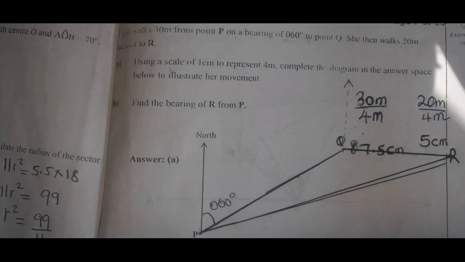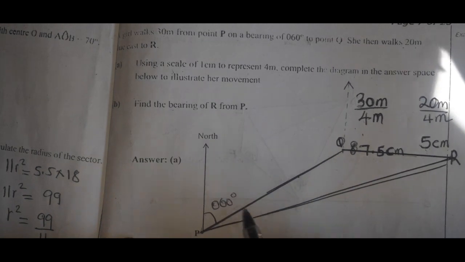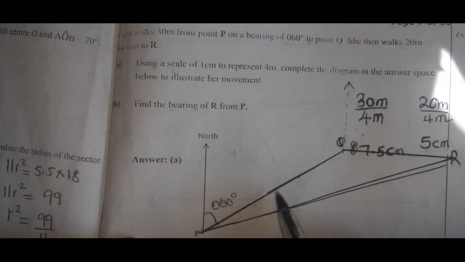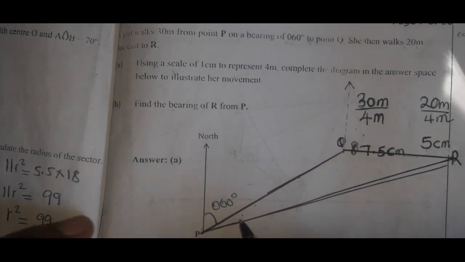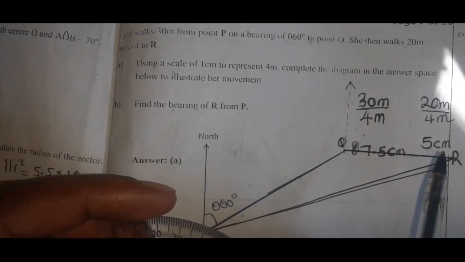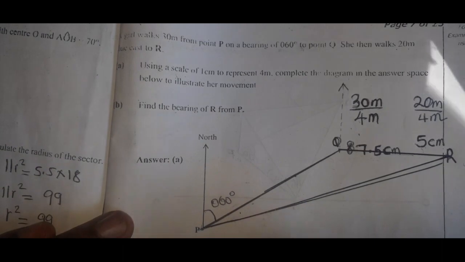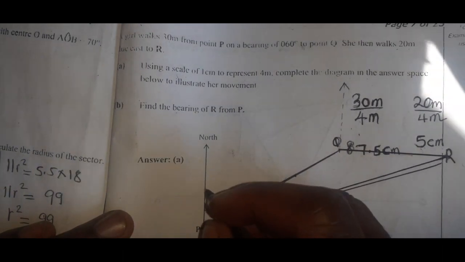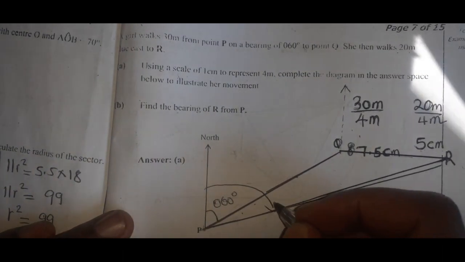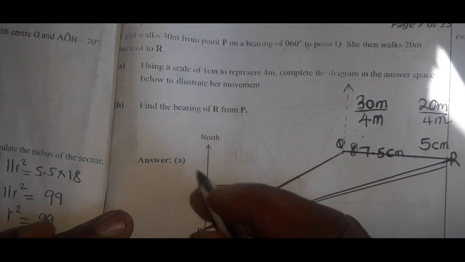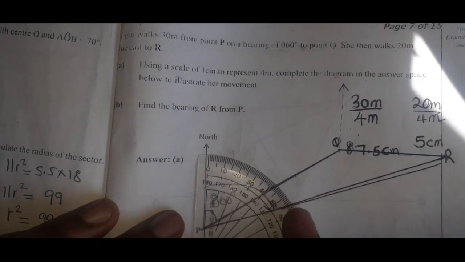So how do we find the bearing here, considering the angles that we are given? We just need to measure this angle, because we know that the bearing of R from P is this whole angle here. So we just have to measure it.